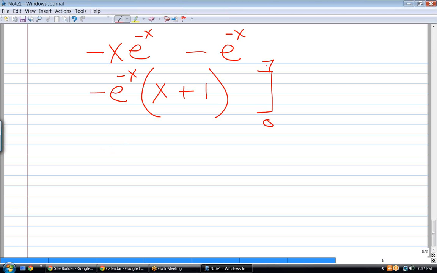Just plug in 7 for x, wherever you see it. So just negative e to the -7 times -6.